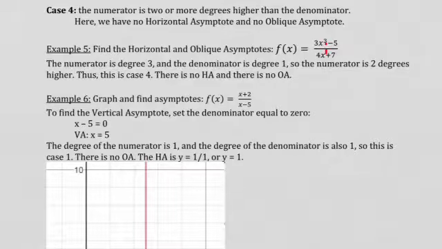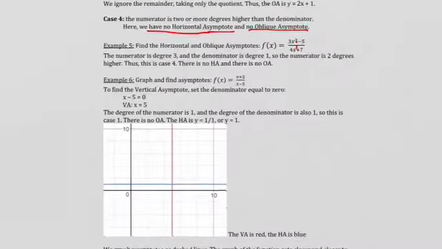So the top is 2 degrees higher than your denominator. And for that, we have no horizontal asymptote and no oblique asymptote. Alright? No horizontal asymptote, no oblique asymptote.